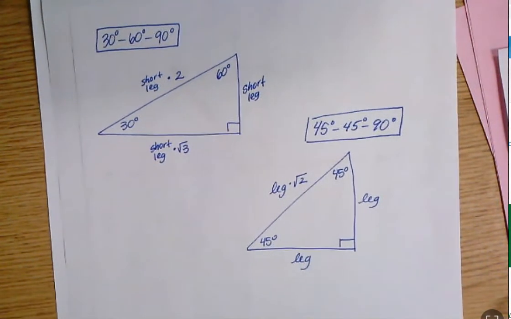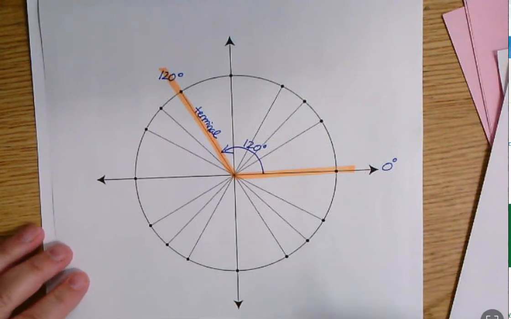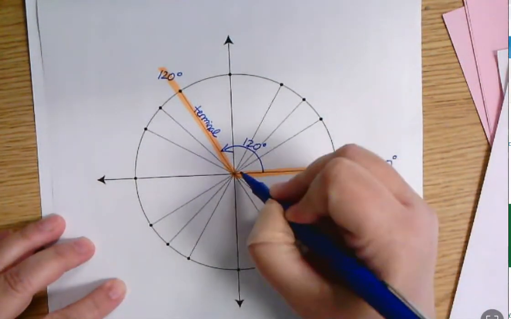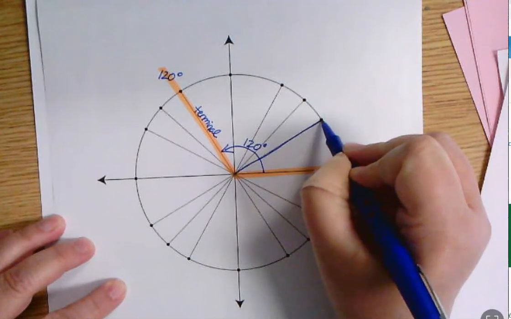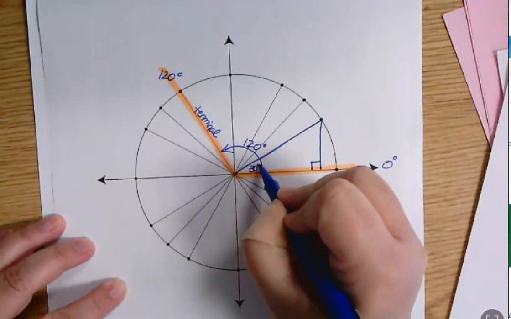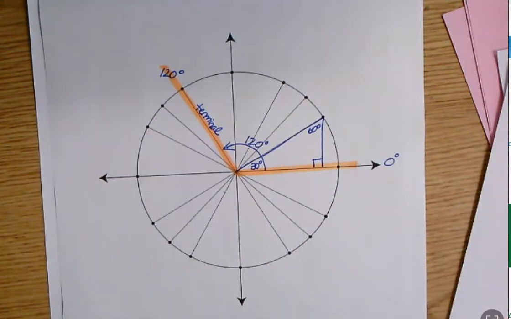So the unit circle basically consists of angles where I can make a triangle with the x-axis that is one of those types of triangles, like this would be a 30, 60, 90. So let's go ahead and examine that.